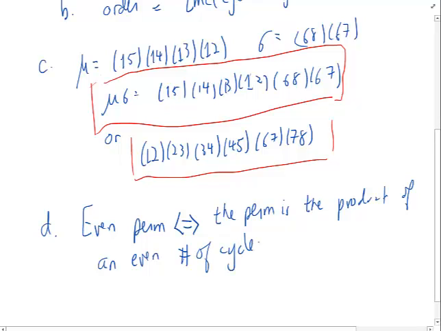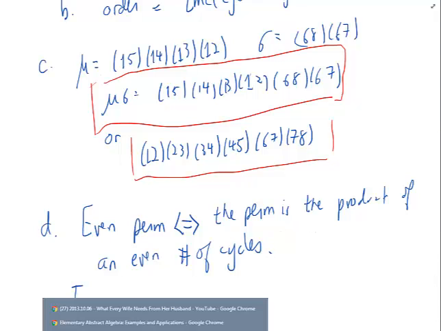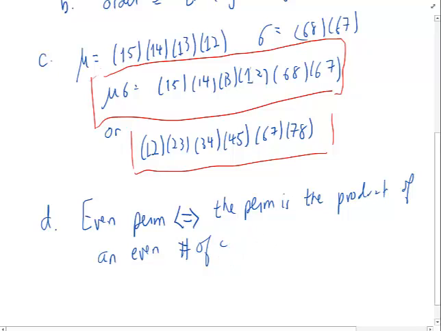Okay, that's a result we proved in the chapter. Not cycles, sorry, even number of transpositions. They don't have to be disjoint transpositions. They can be any kind of transpositions.